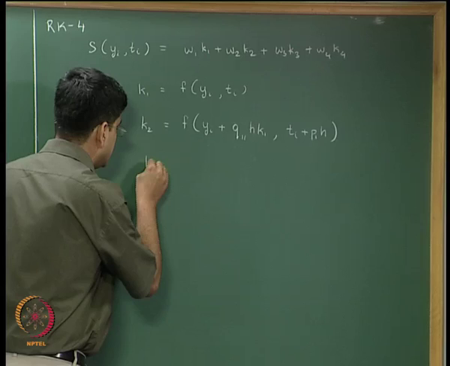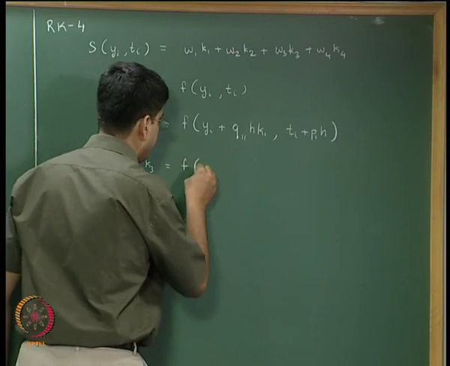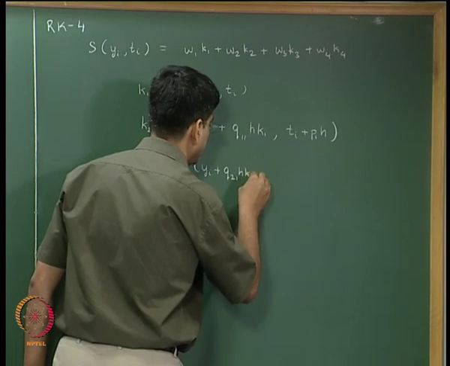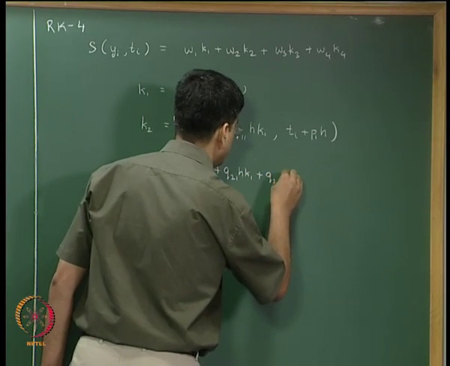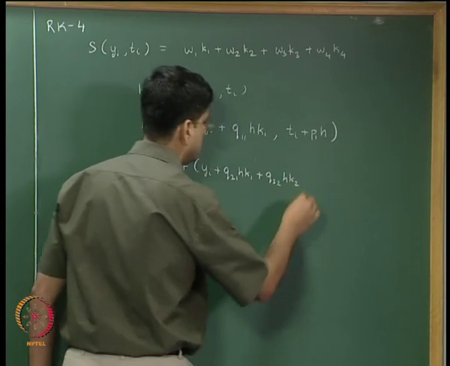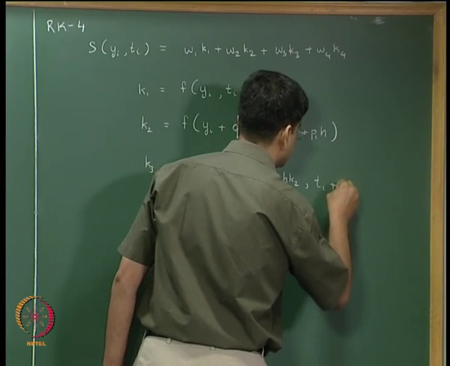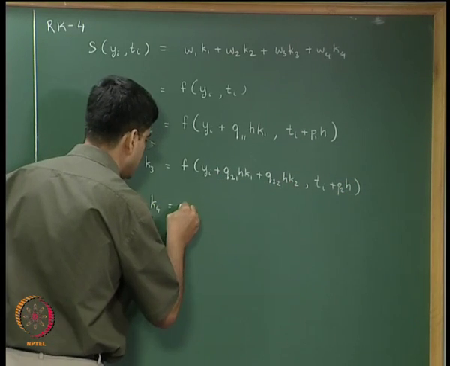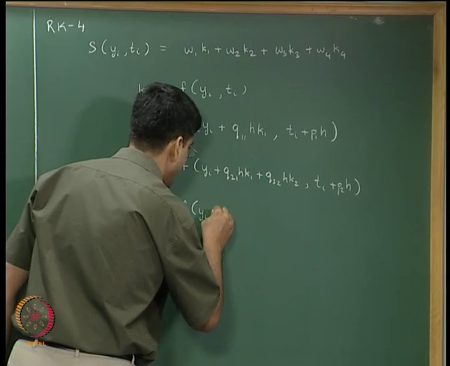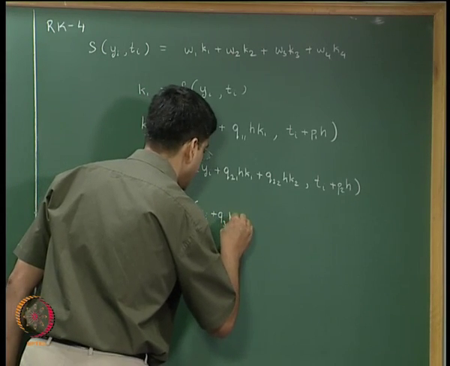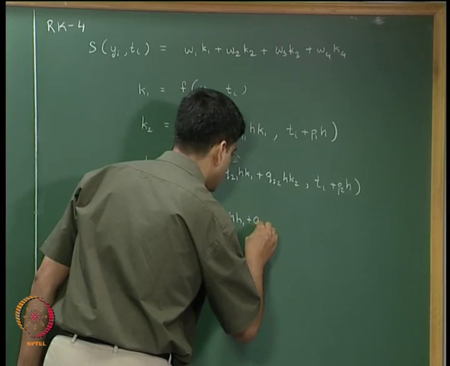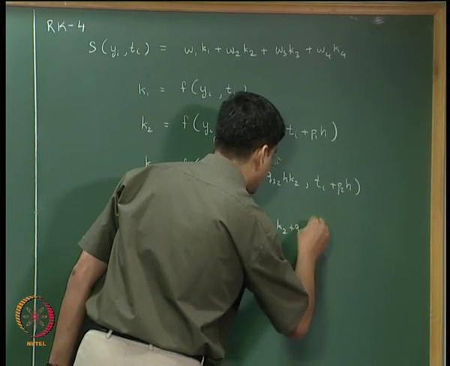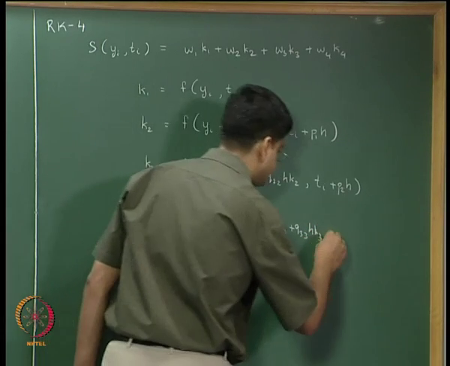Our K3 is going to be f of yi plus q21 h K1 plus q22 h K2 comma ti plus p2h, and K4 is going to be f of yi plus q31 h K1 plus q32 h K2 plus q33 h K3 comma ti plus p3h.